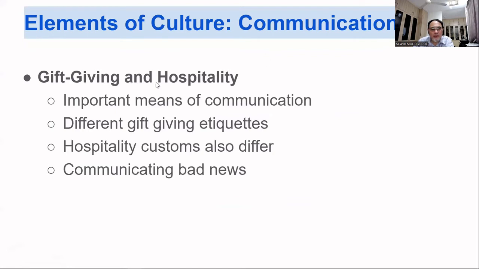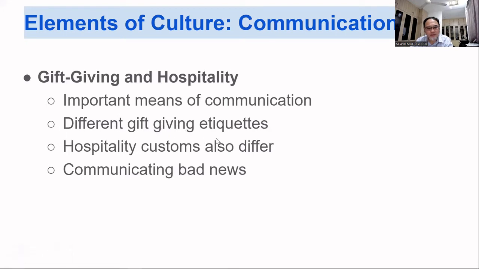Another element is communication in terms of gift giving and hospitality. Probably gift giving during any visits or meetings. It depends whether it is allowed. Gifts, not bribes. It's an important means of communication.